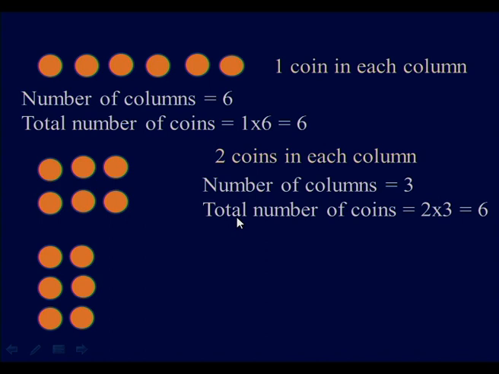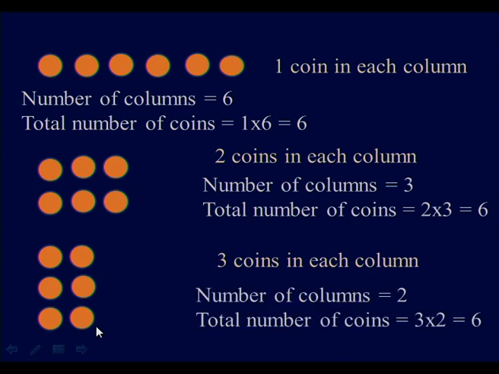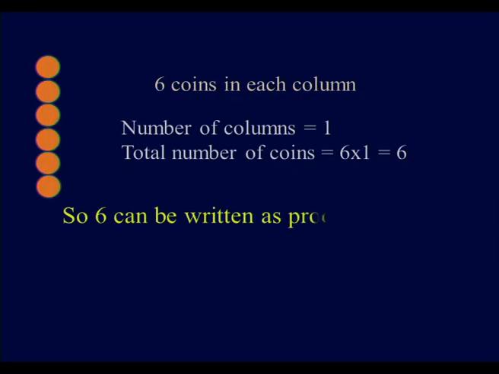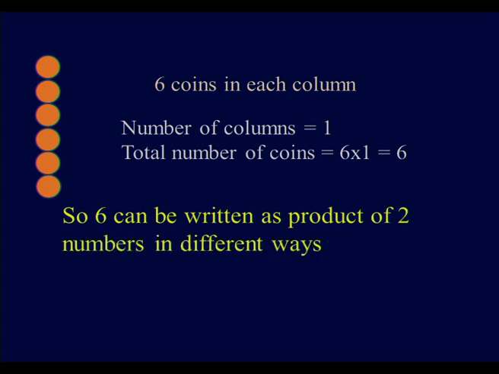Next we have 1 and 2, first column and second column, 3 coins in each column. Number of columns is equal to 2, total number of coins is equal to 3 multiplied by 2, that is equal to 6. Next, one more way of writing is, here we can see 6 coins in each column.